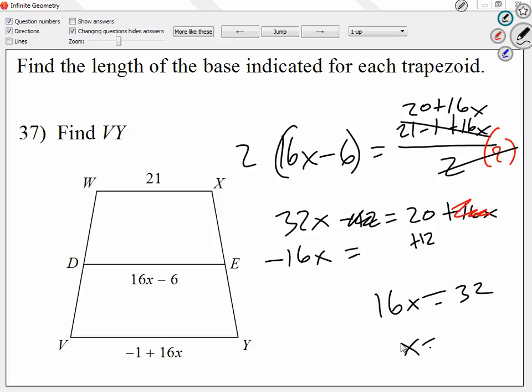What's x? X equals 2. But then I look at the question, it is find VY. That is negative 1 plus 16x. How much is that? 31. Perfect. Right, negative 1 plus 32 is 31.